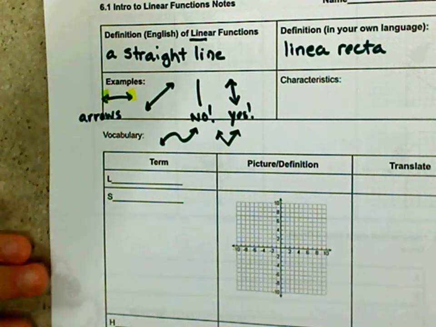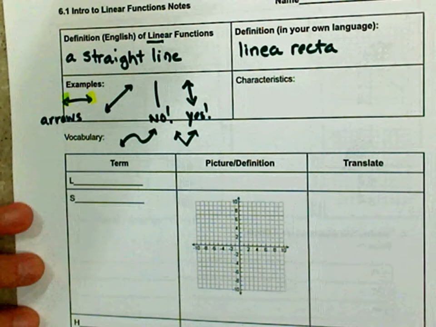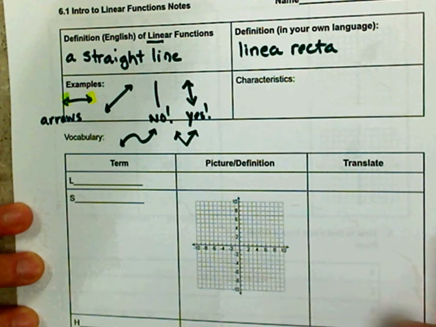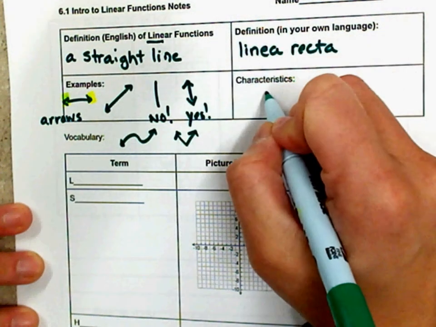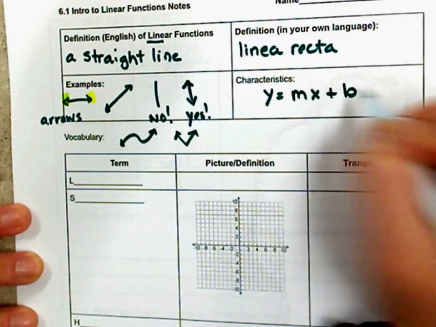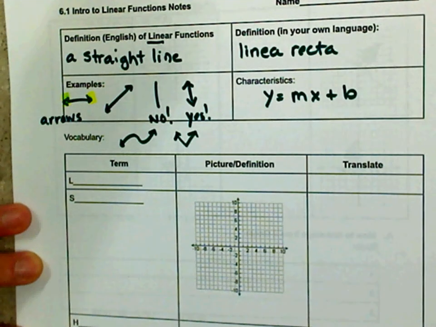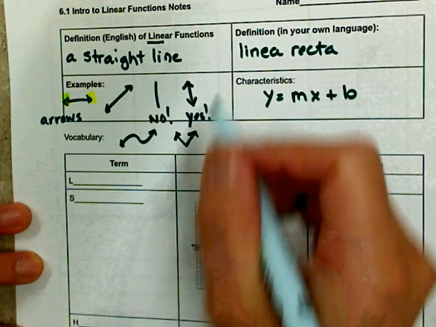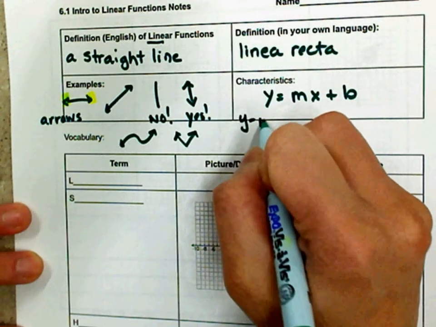All right. Here are some characteristics. You guys ready? It usually looks like this. Y equals mx plus b. This is the best format for you to have it. There is another way you can do it as well. But the characteristic of a linear is it always has a y-intercept.